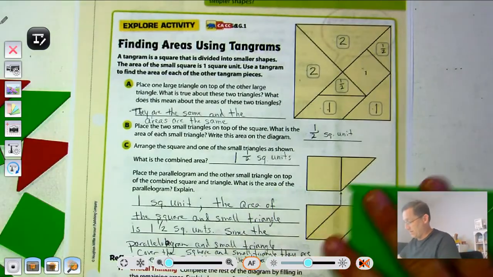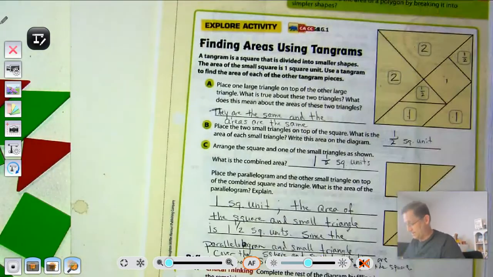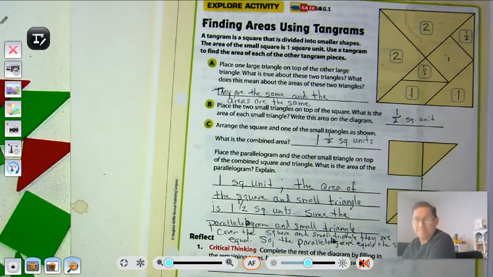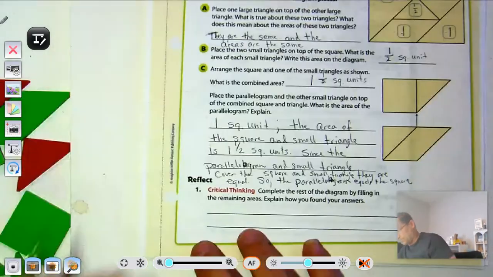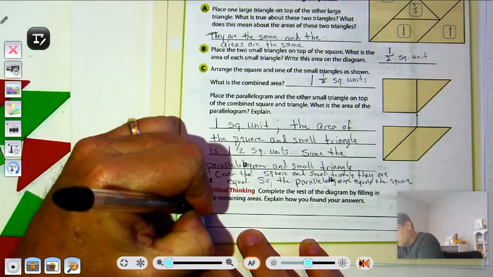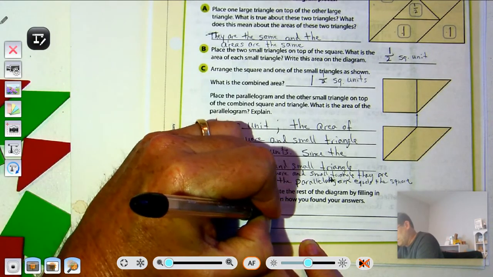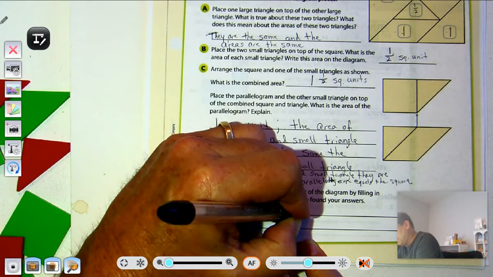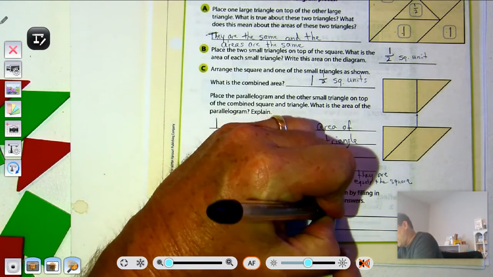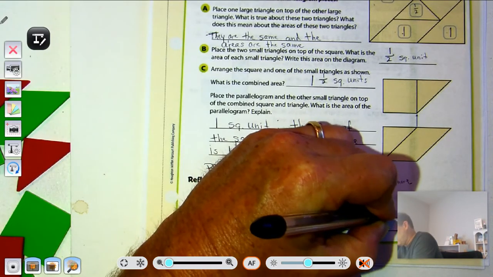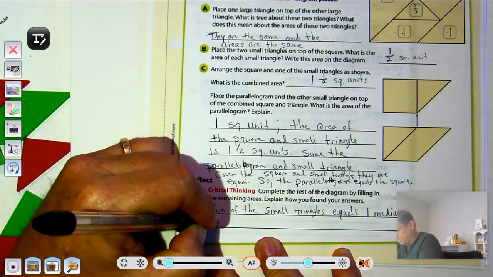Okay, so now let's use that information to explain how we found that. So 2 of the small triangles equals 1 medium triangle.